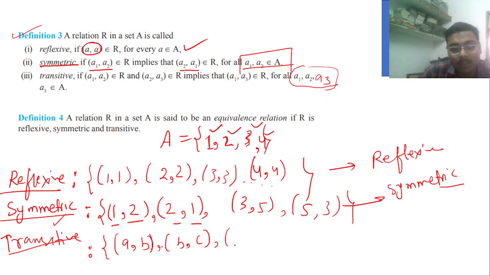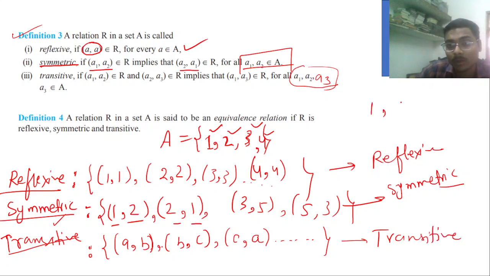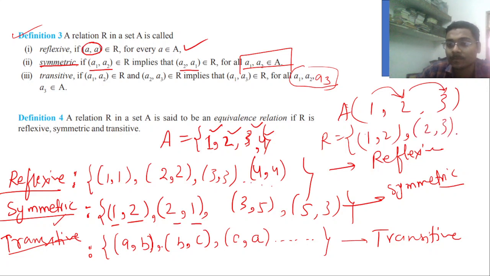If all three loops are completed in this relation, then it is transitive. How will it be transitive? Suppose 1 2 and 3 are in the set A. In the relation, you will jump from 1 to 2, then from 2 to 3, then from 3 again to 1. Then this relation is called transitive.